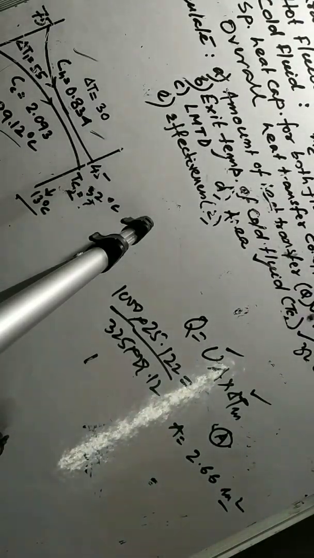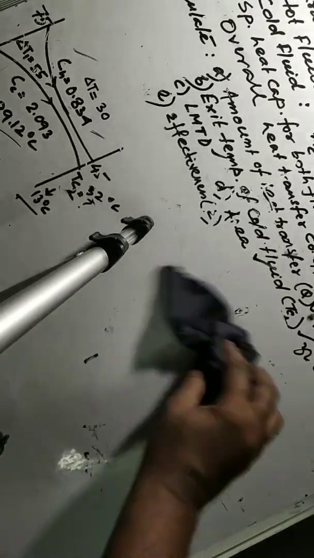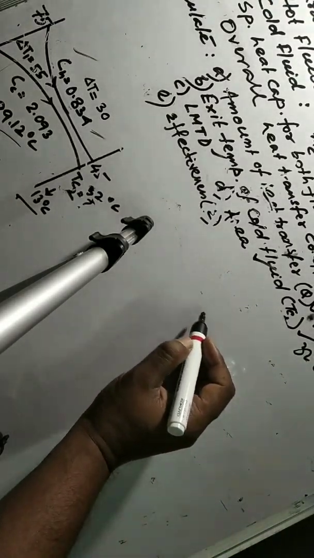Now last one is effectiveness. Effectiveness also you can calculate. What is the effectiveness? Actual heat transfer by total possible heat transfer.